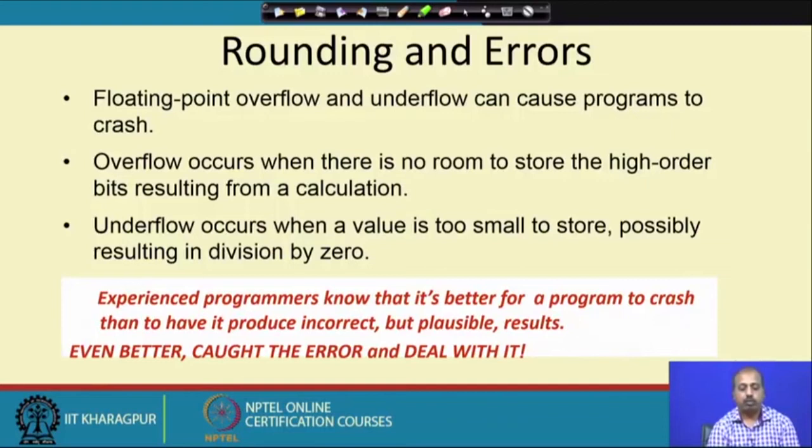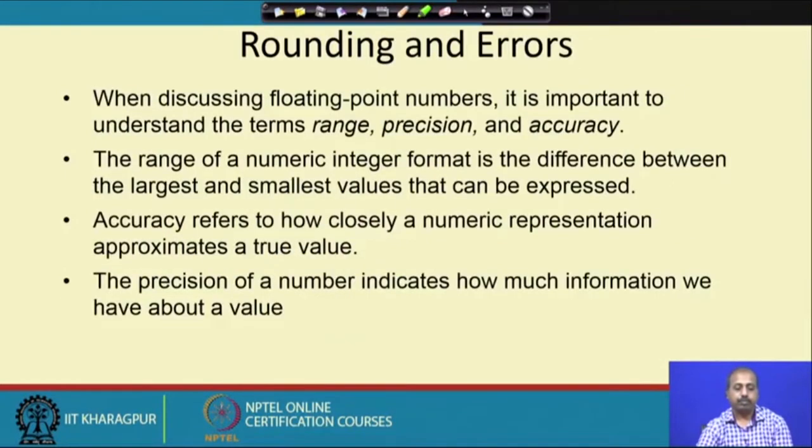So overflow and underflow are the two cases, and whenever we use floating point representation, if we are writing a program, we should be careful that these cases are caught, and we avoid operations using those values and come up with some sort of error message, so that the program or the system does not crash.